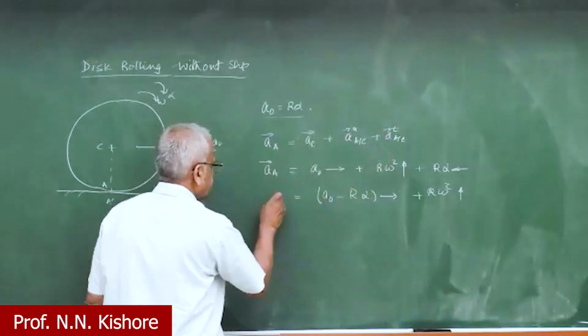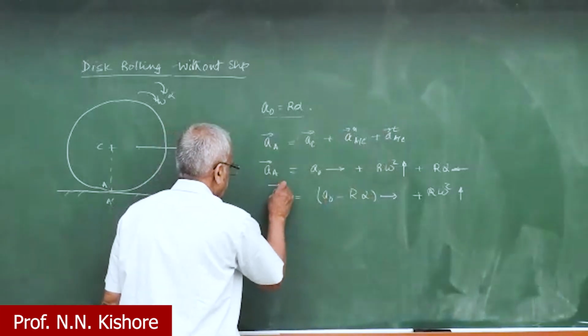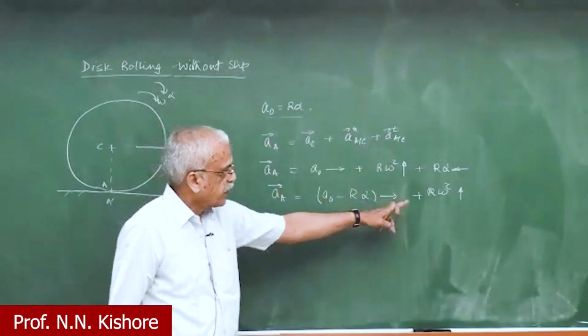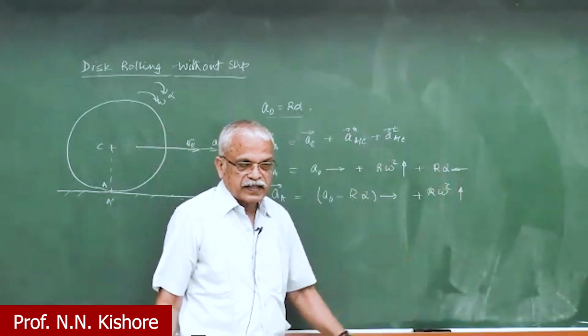That means that this acceleration of A has one component in the horizontal direction and another component in the vertical direction.